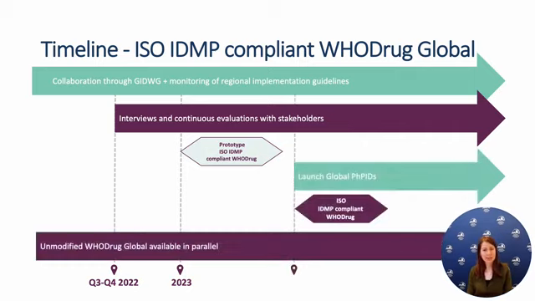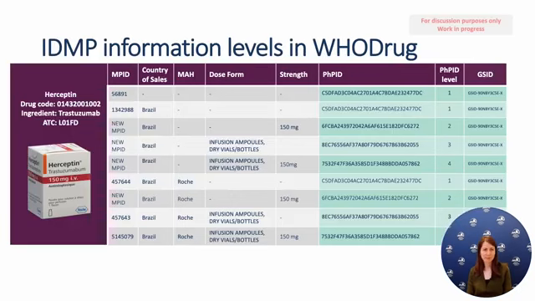And I also would like to stress that even after the launch of this IDMP compliant WHODrug, the unmodified WHODrug Global will be available in parallel. Now about the prototype. WHODrug contains different information hierarchical levels for each medicinal product.